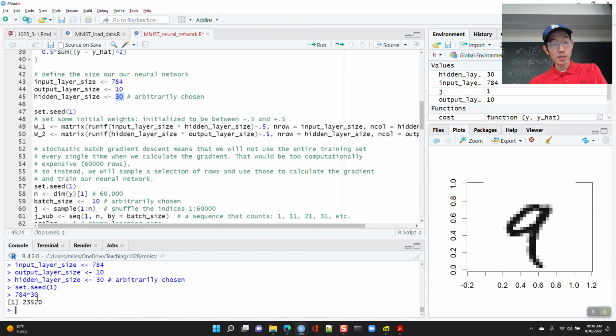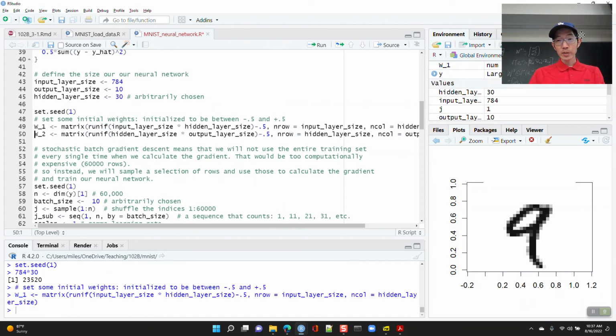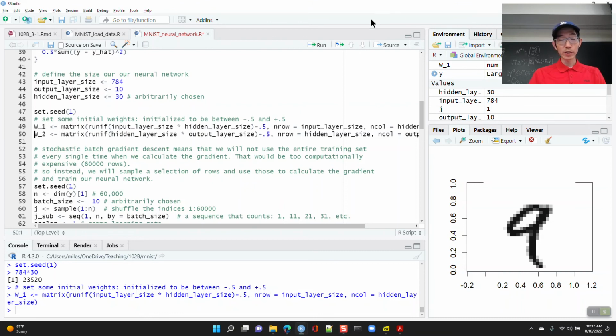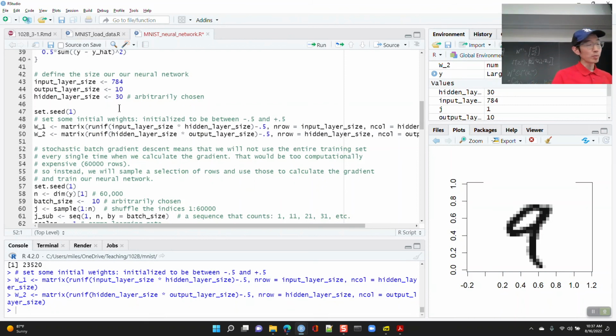So that's 23,520. In the code I showed you, I just did random uniform values from 0 to 1. Here I'm going to offset them by 0.5, so now I get random uniform values between negative 0.5 and positive 0.5. That's all I'm doing. So W1 is a big numeric matrix, 784 by 30. W2 is a numeric matrix, 30 by 10, 300 random values there.